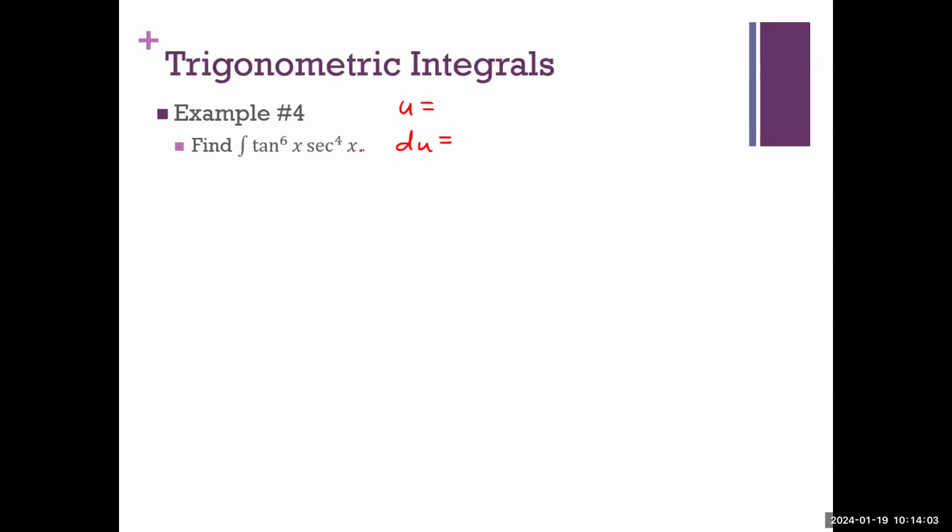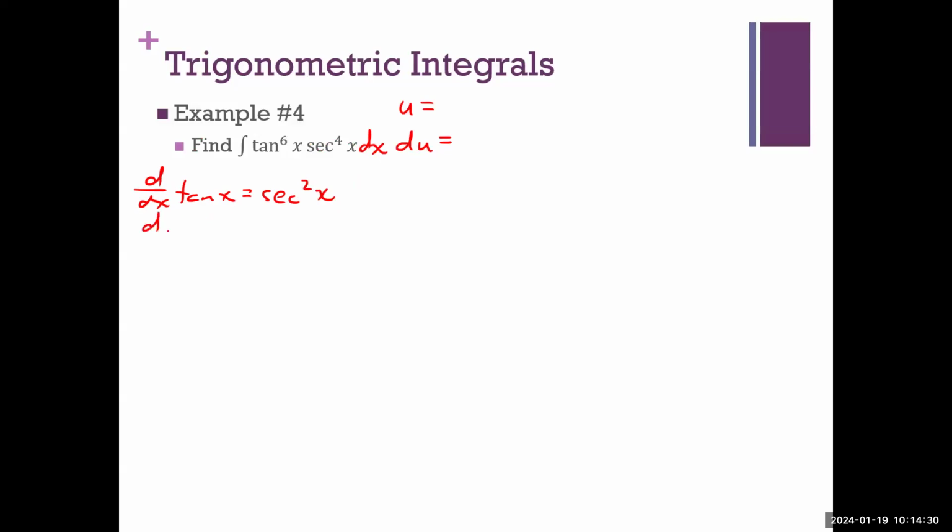I'm sorry. I'd like to blame somebody else, but this is my fault. Do we know any relationships between tangent and secant? Here's something we know. We know that the derivative of tangent x is equal to secant squared of x, right?